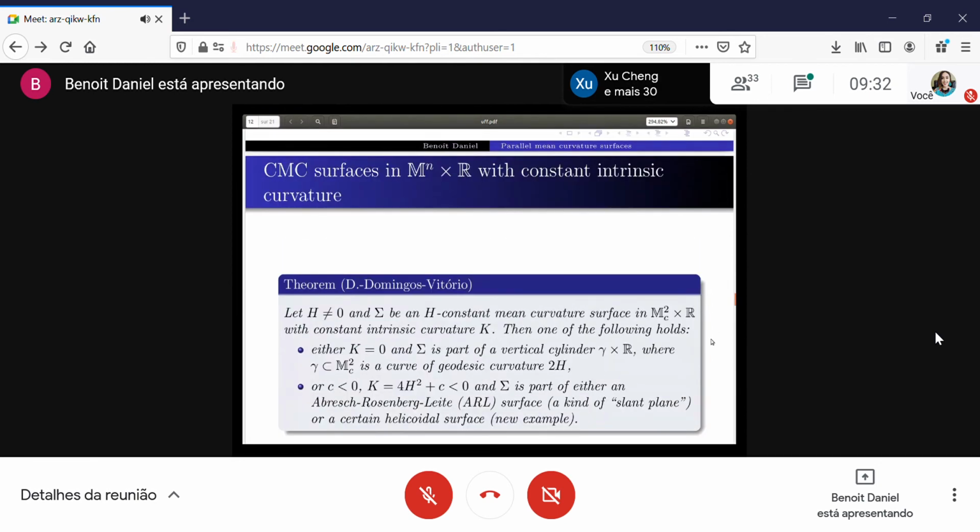So in particular, this gives you non-trivial pairs of CMC isometric immersions. If I take an Abresch-Rosenberg surface and a helicoidal surface, it gives me two isometric immersions of the hyperbolic plane of constant curvature K with the same mean curvature H. And they are not congruent.